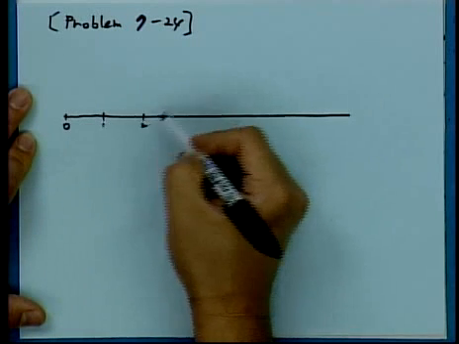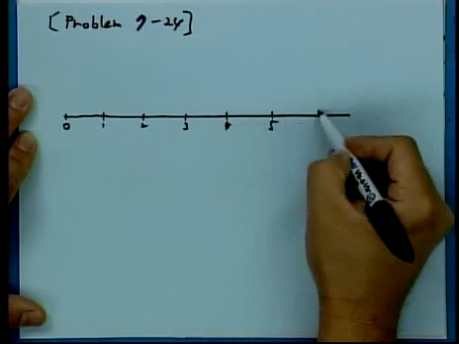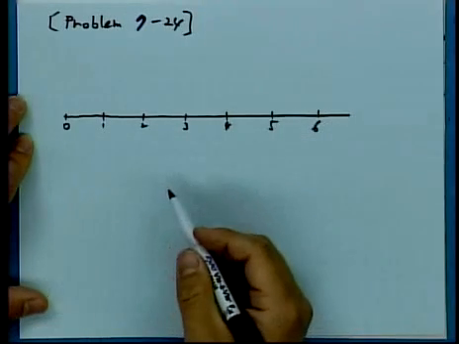Zero, 1, 2, 3, 4, 5, and 6. Right? So there are 6 periods.